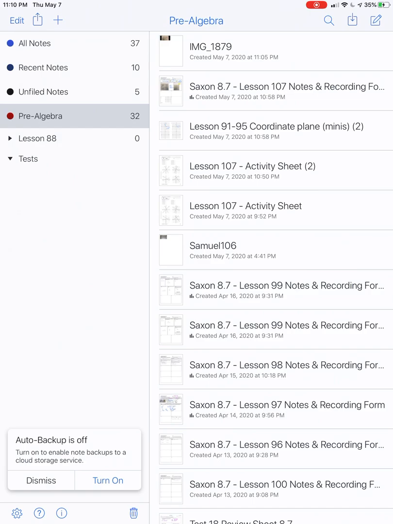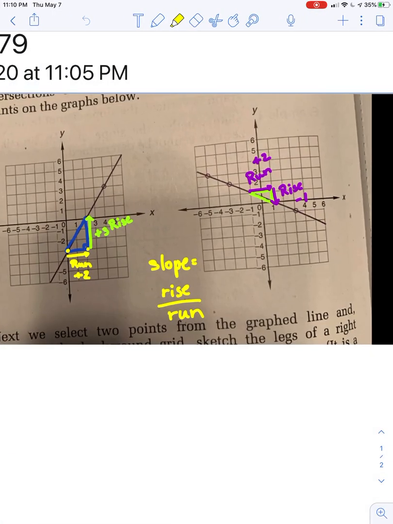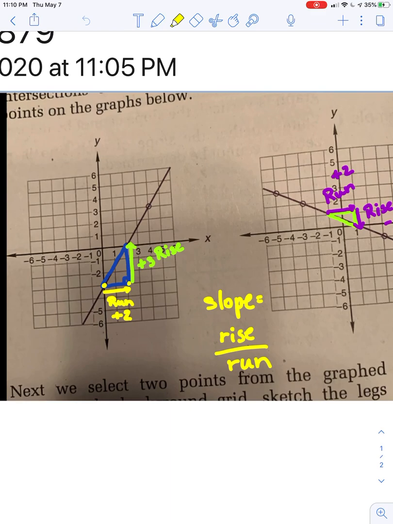All right, let me go back to where I was and let's talk this through. Because now that I know, so the slope of a line is the ratio of its rise to its run, and we write it as rise over run. That's the slope. Okay, and that's a term that you're gonna remember for the rest of your algebra career.